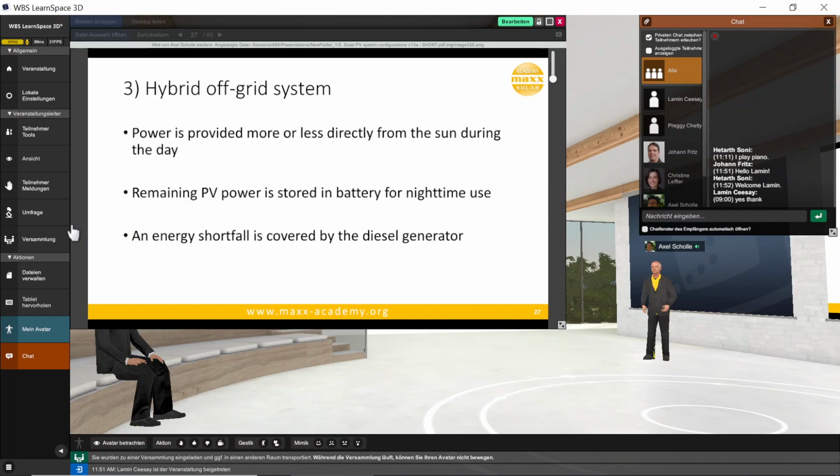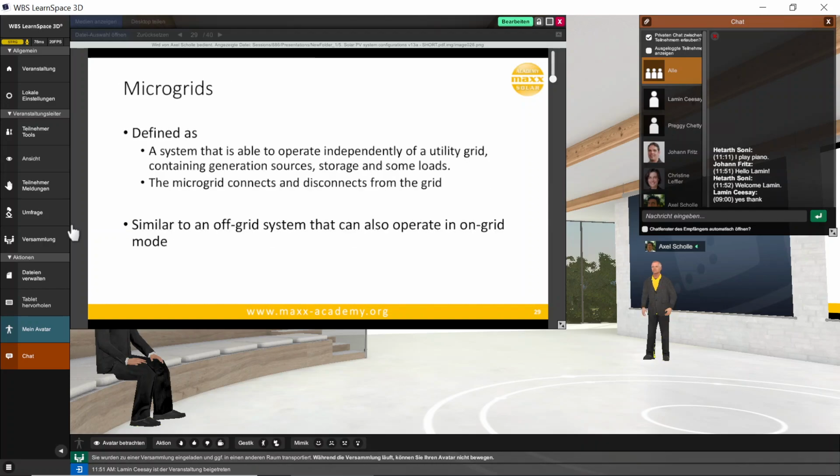Then just briefly other configurations, and I think one to mention is microgrids, and you might be coming across that term more and more. It is really an amalgamation of the systems that we've spoken about.